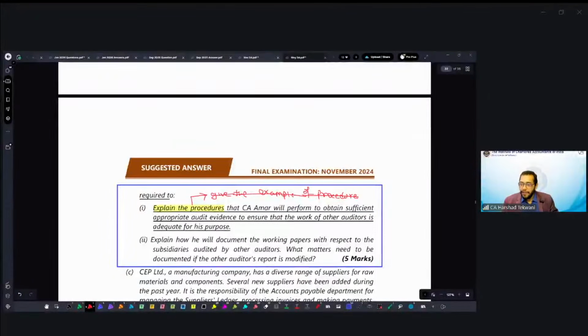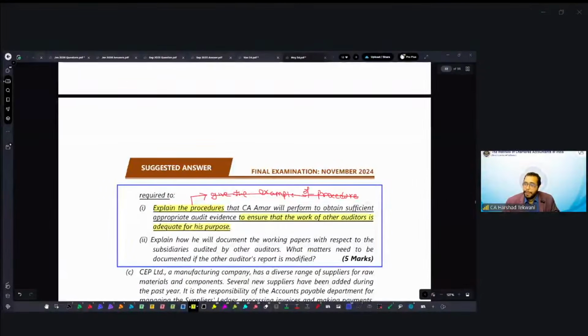So if someone asks, give the examples of the procedure that CA Amar should perform, it's a different thing which is being asked. If it is asked to explain the procedure, we are not asking for the example. You need to explain the procedure that will help CA Amar ensure that the work of the other auditor is adequate for his purpose.